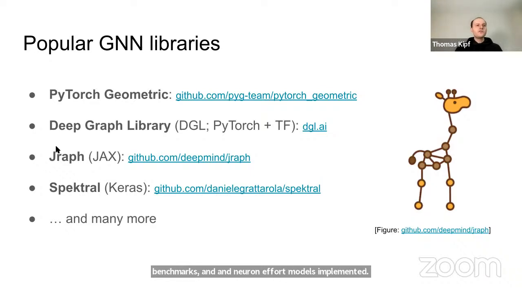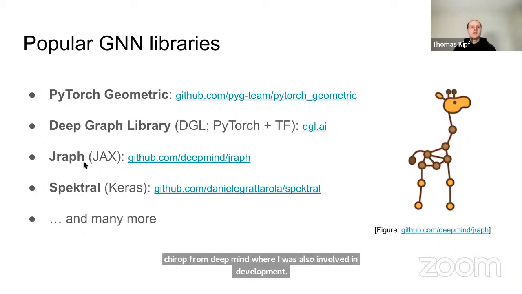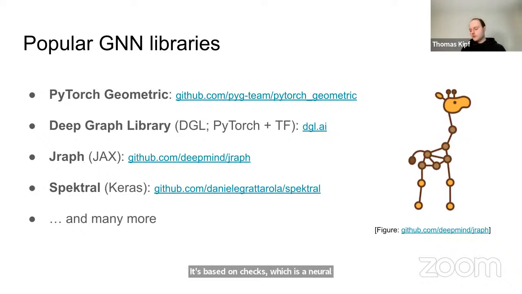There's Jraph from DeepMind, where I was also involved in the development. It's based on JAX, which is a neural network or like automatic differentiation library frequently used at Google. And it allows you to more effectively apply these methods for, say, scientific data and scientific simulations, because it's much easier to get like second order gradients.